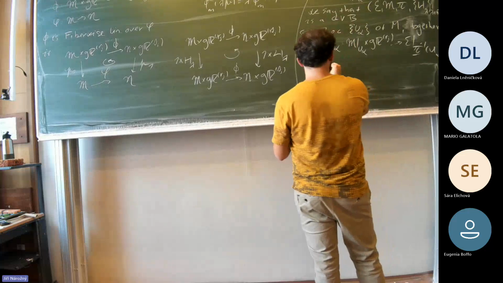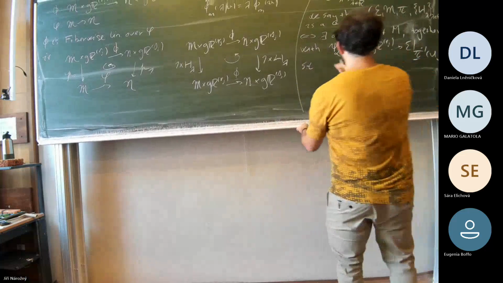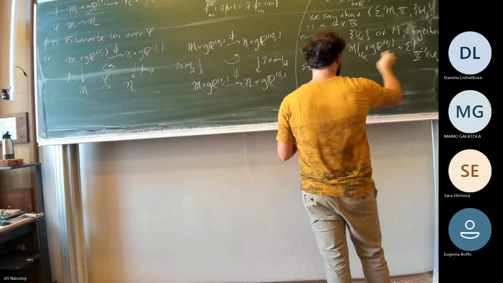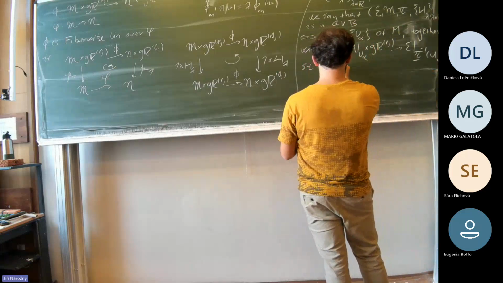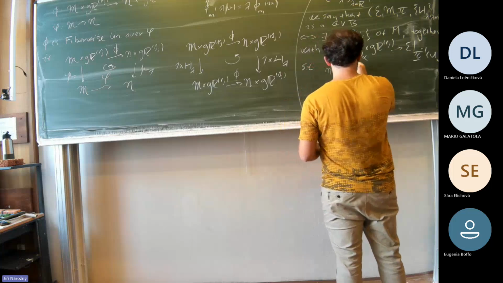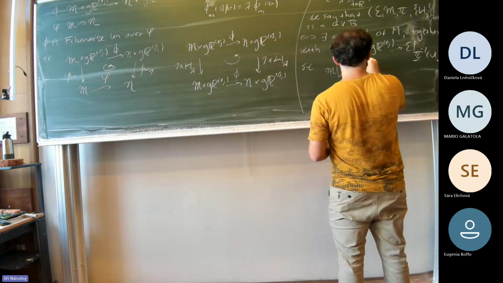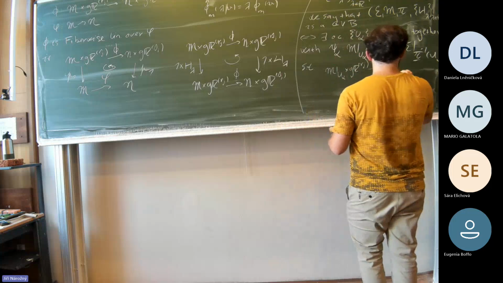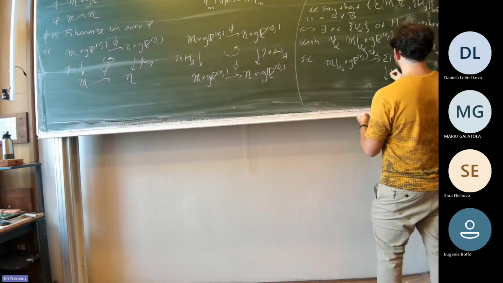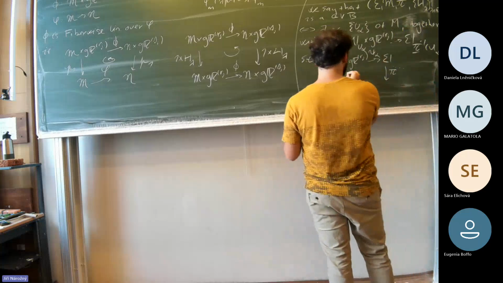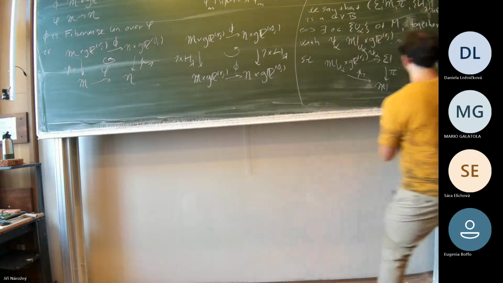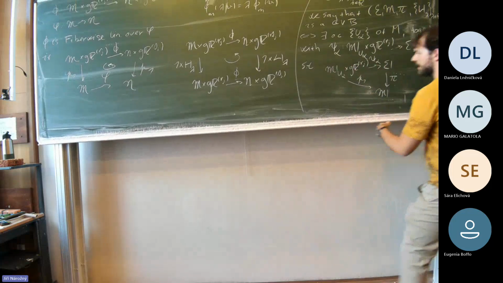First of all, these preserve the fibers, I would say. Psi alpha here is the same, and going through pi here is the same as going through the first projection here. So expected.